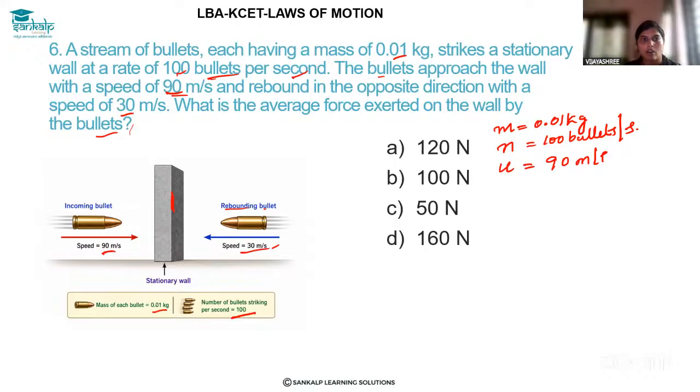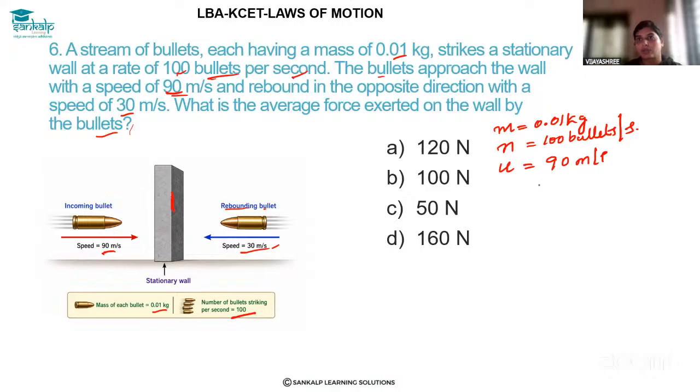When bullets are rebounding, the speed will be 30 meter per second, which is in the opposite direction. So if we take the forward direction as plus, then we must take the backward direction as minus, because velocity is a vector quantity.